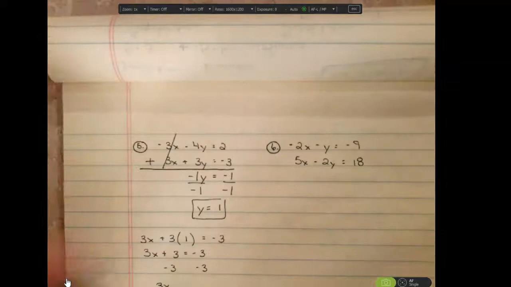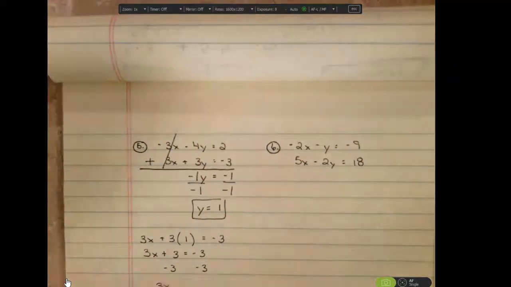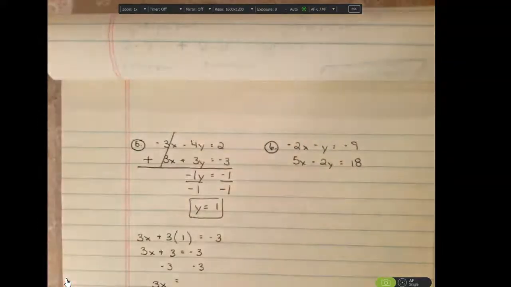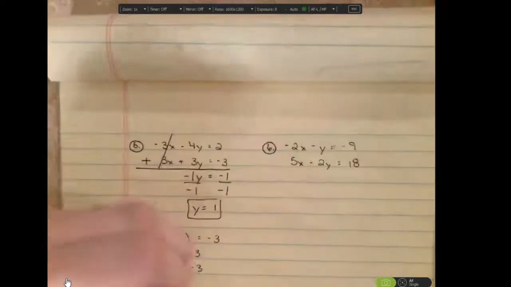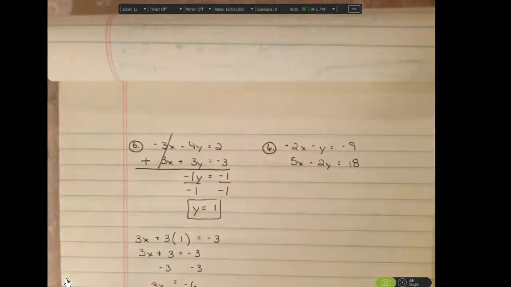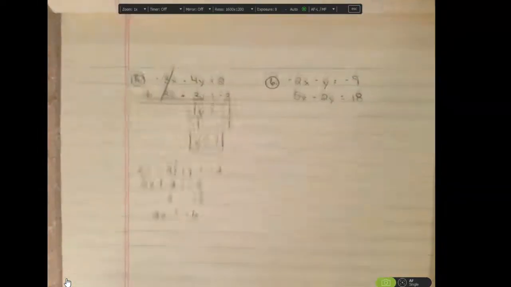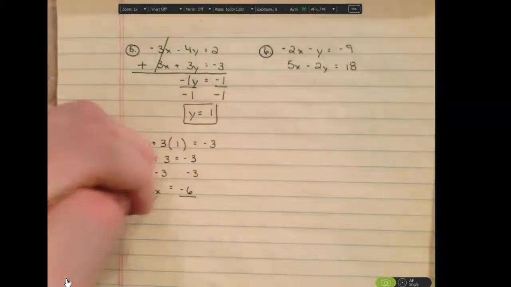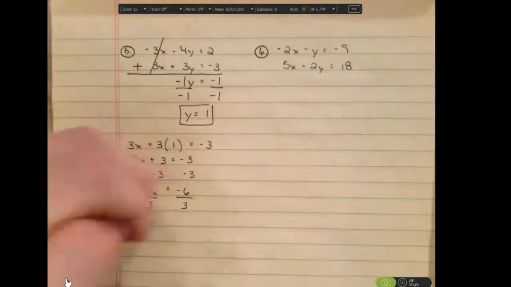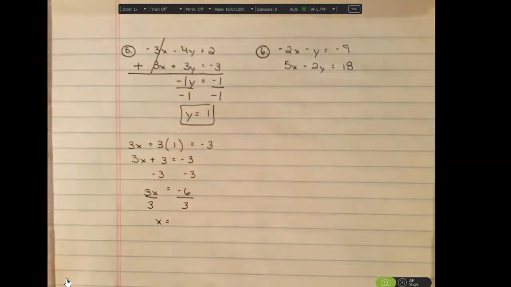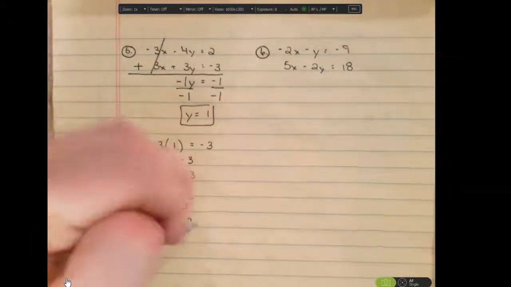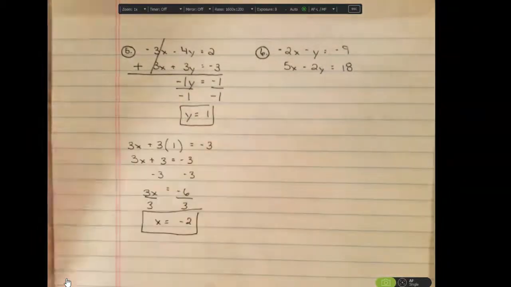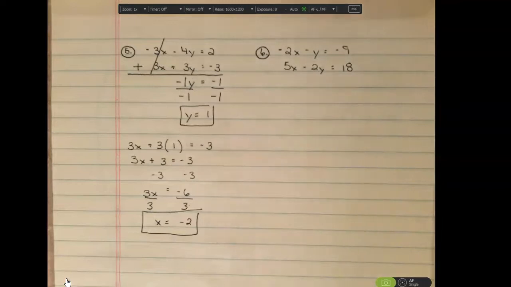A lot of 3's on this problem. 3x is equal to negative 3 minus 3, negative 6. And from there, divide by 3 on both sides. x equals negative 6 divided by 3, negative 2. So there you go. y is equal to 1, x equals negative 2.